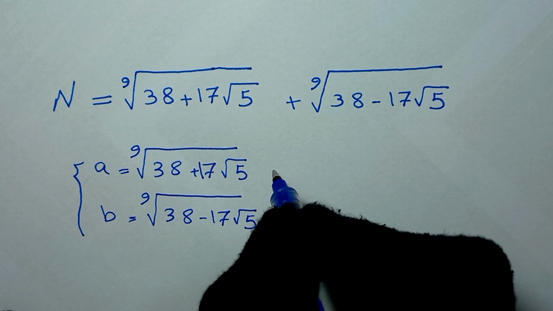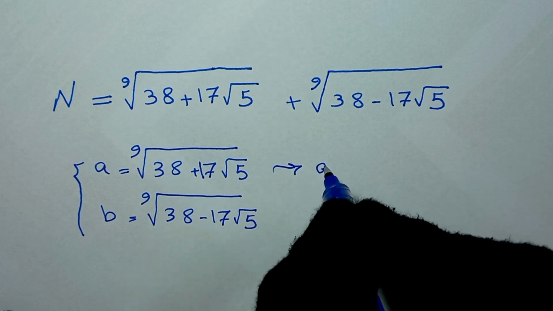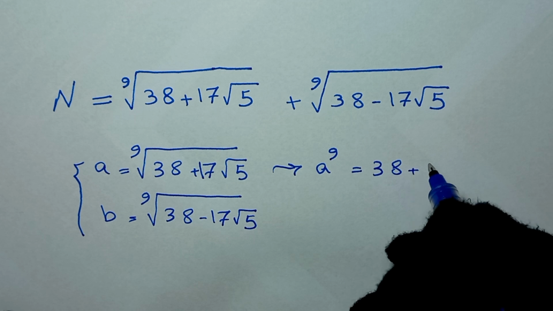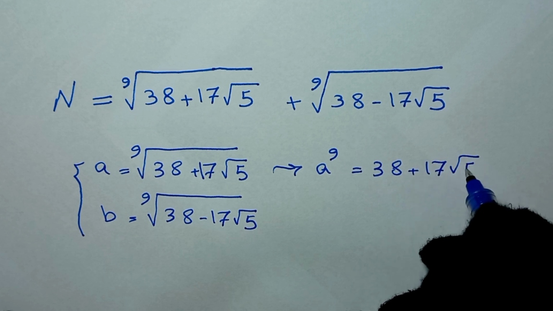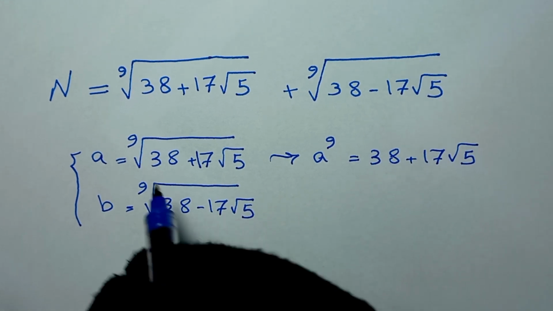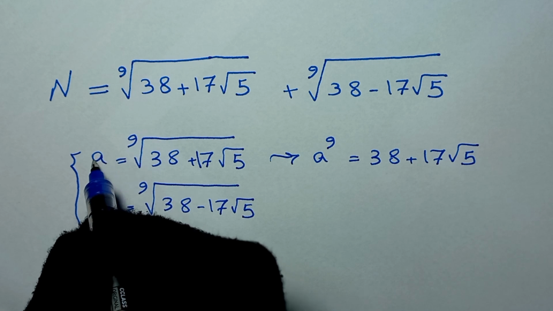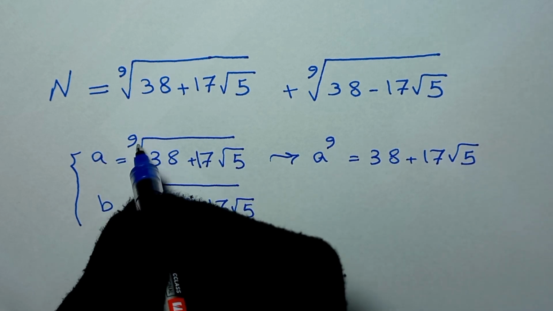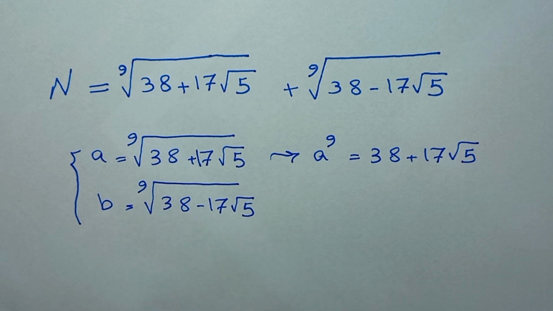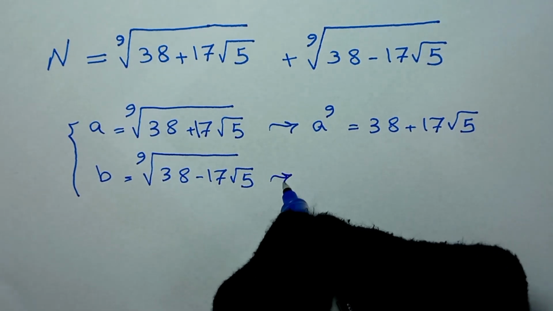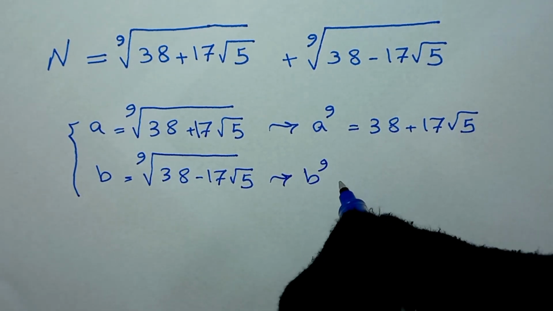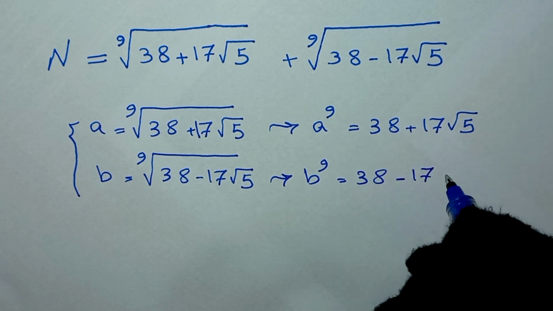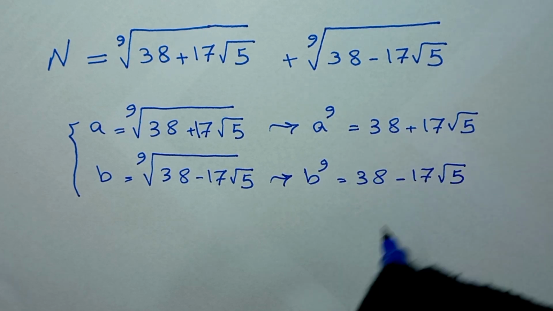And from here, a to the power of 9 is equal to 38 plus 17 square root of 5, right? Raise both sides of this equation to the power of 9, and the 9th root will cancel, right? And in here, b to the power of 9 is equal to 38 minus 17 square root of 5.